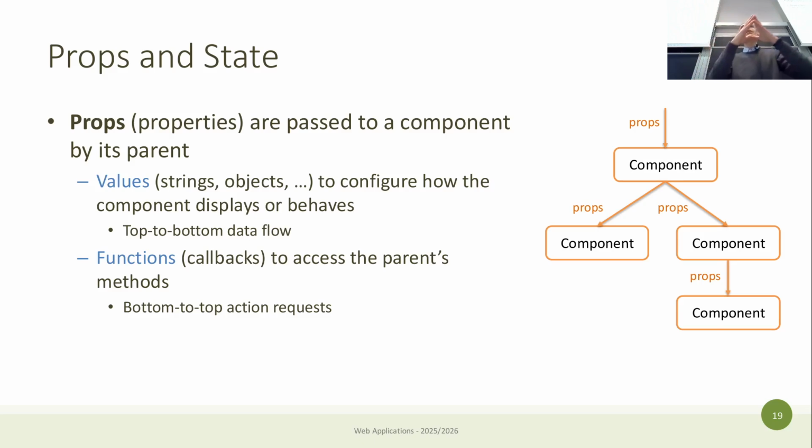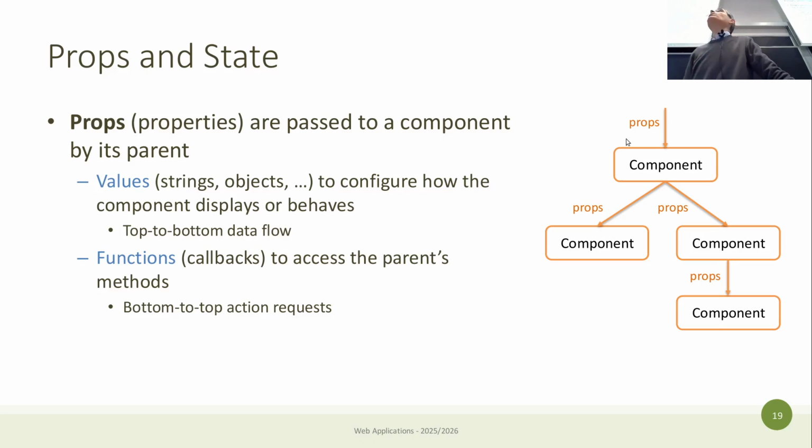Typically, there are no props because we will use state to contain data, but that is for later. But let's assume we are at a certain point inside the virtual DOM tree, and we have a component. It receives props, and these props are passed by the component in which the current one is nested.